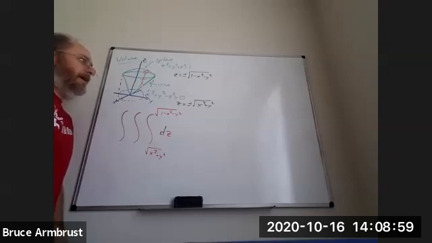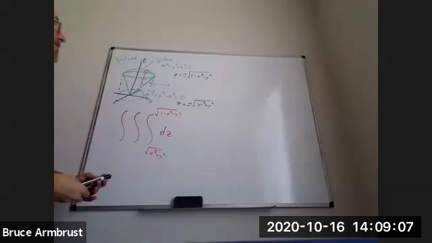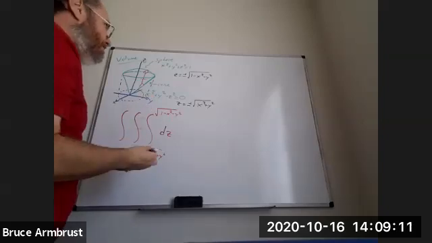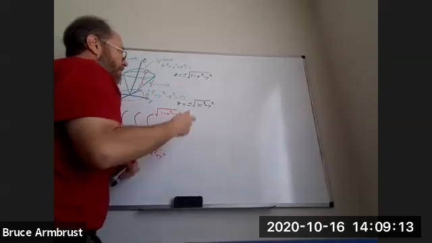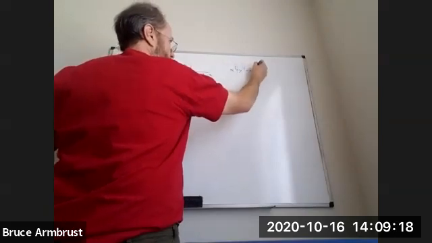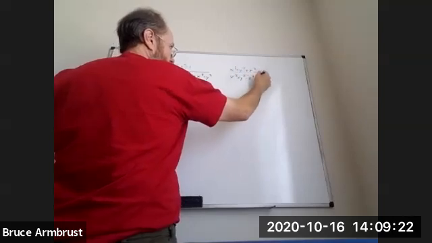So how are we going to do that? Well, first find where the sphere and the cone intersect. If we look at those two equations, we basically need to solve this system. We've got x squared plus y squared plus z squared equals 1, and x squared plus y squared minus z squared equals 0.